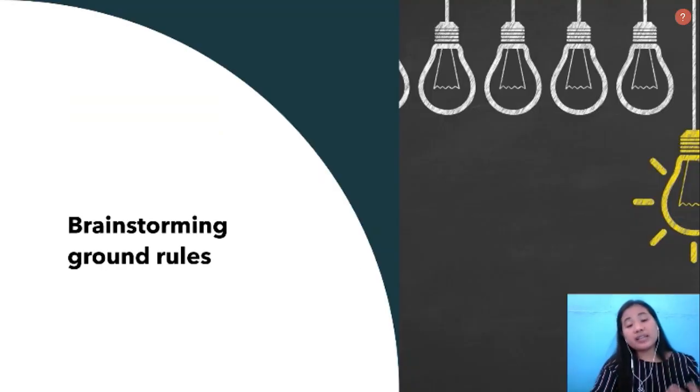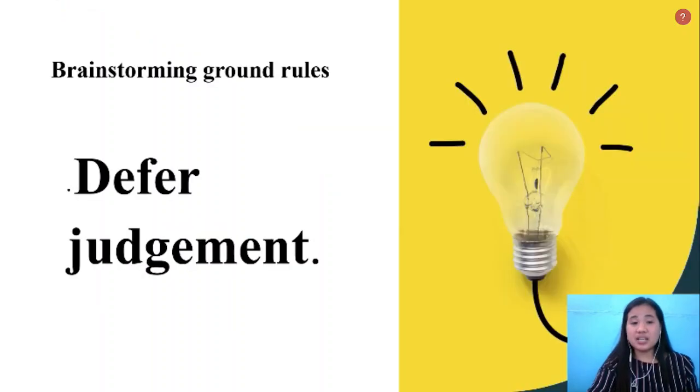So, in conducting the brainstorming technique, we have these ground rules. Okay? Recommended, suggested ground rules. We have to establish brainstorming ground rules such as defer judgment. Okay? I-postpone natin yung judgment natin sa ating mga bata, or judgment ng kapwa nila.